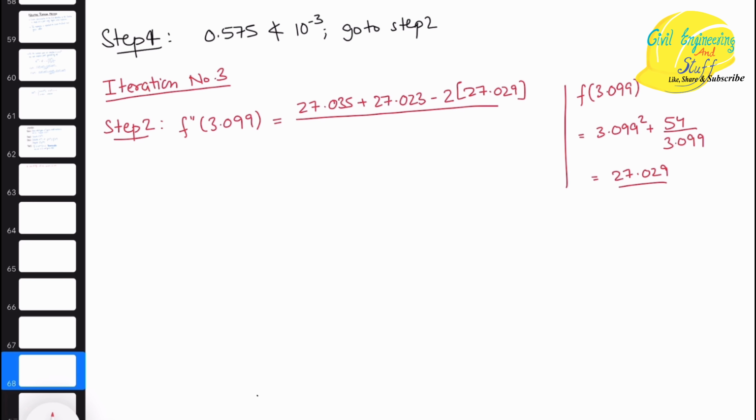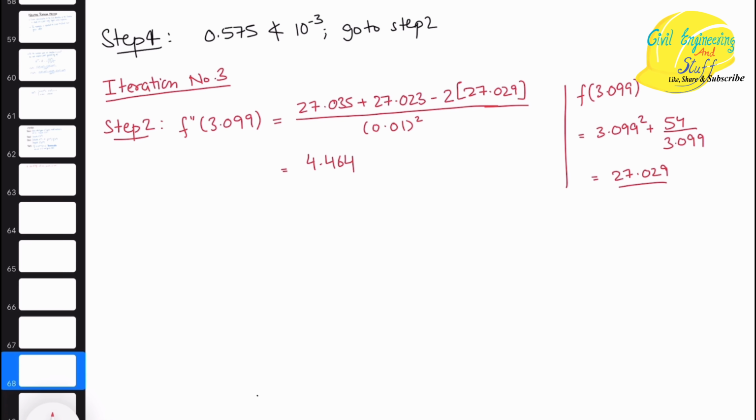I have directly put the values. Okay, 0.01 whole square. On solving it, you will find out the value is 4.464. Okay, so this is our step 2, right?